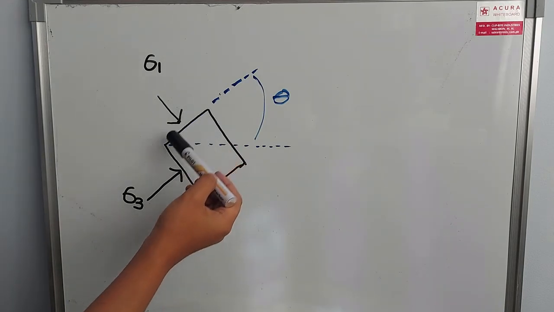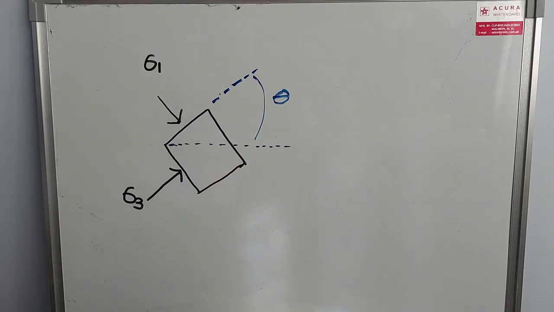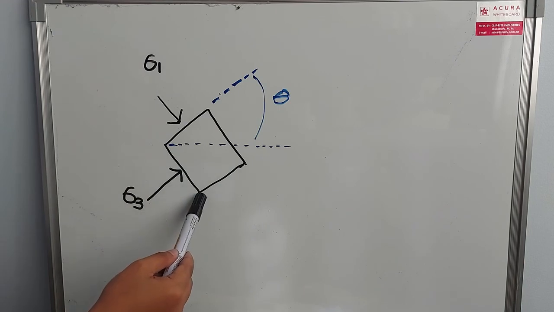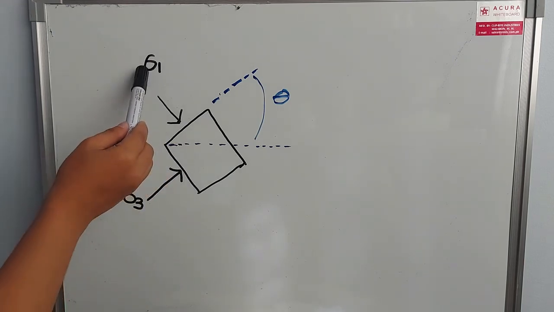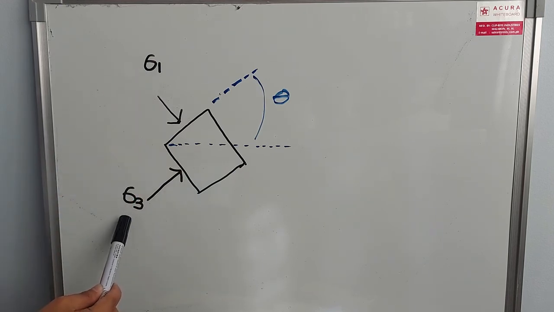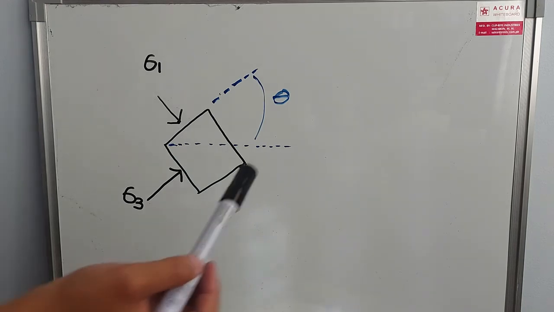This is now your principal plane, wherein there is a zero value for shear stress. And then the normal stresses acting on this principal plane are called the principal stresses. So there are two, the major principal stress designated as sigma 1, and then the minor principal stress designated as sigma 3.